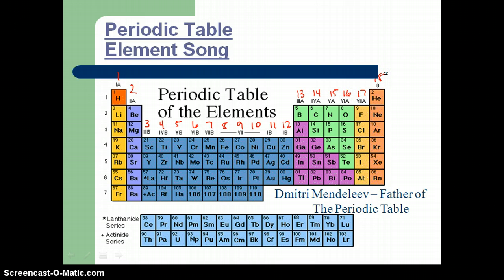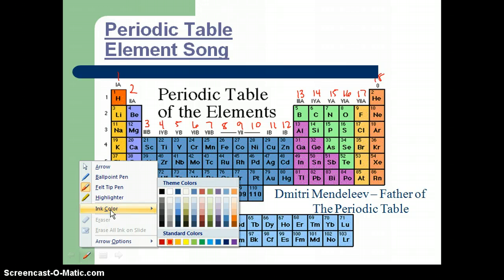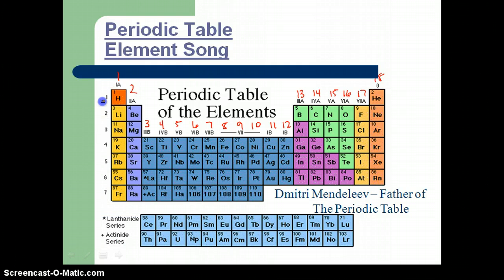Okay, and we'll talk about those more in the next few chapters. And then our period numbers are here. I'll just underline them in blue so that you can see where they are. 1, 2, 3, 4, 5, 6, 7.